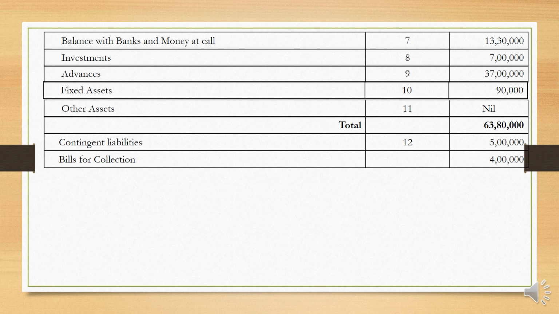Then you should know what the contents are, what items come under each schedule. And once it is clear, then it's very simple. Once you complete all the schedules, you can directly transfer them into the balance sheet and see through that your balance sheet got tallied. That means asset total should be equal to liabilities total. Thank you.